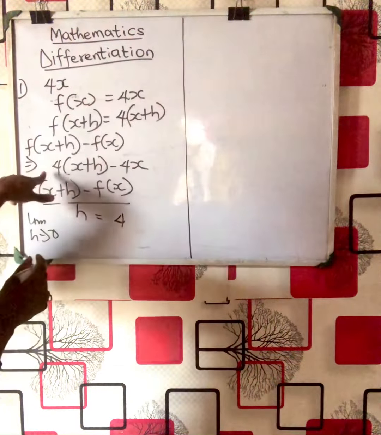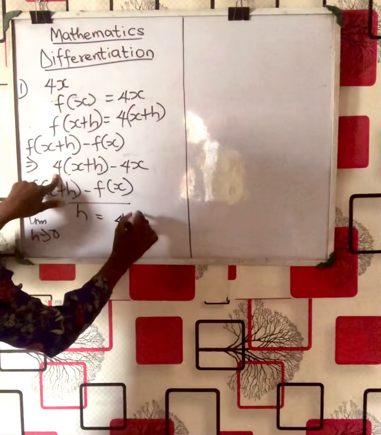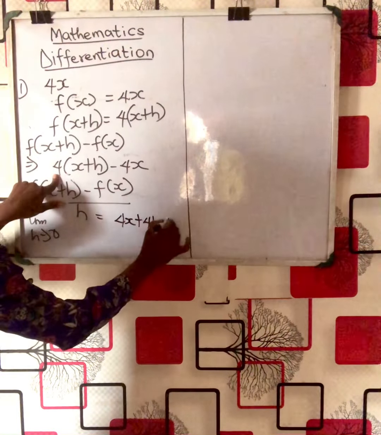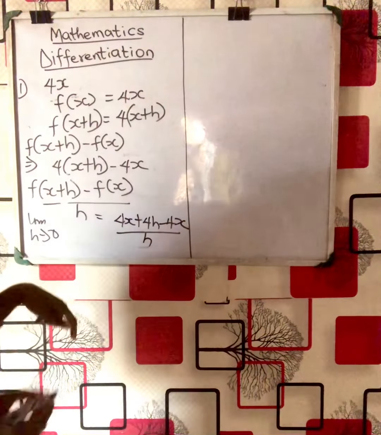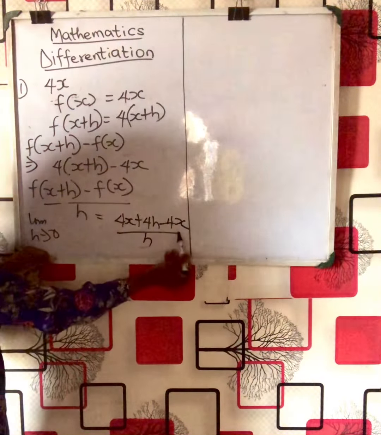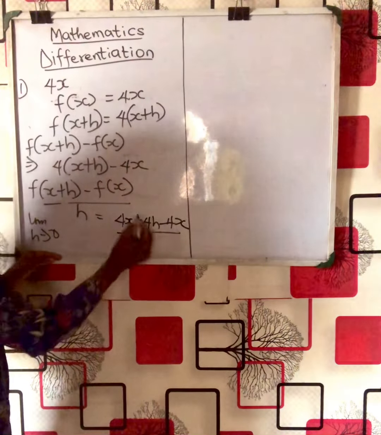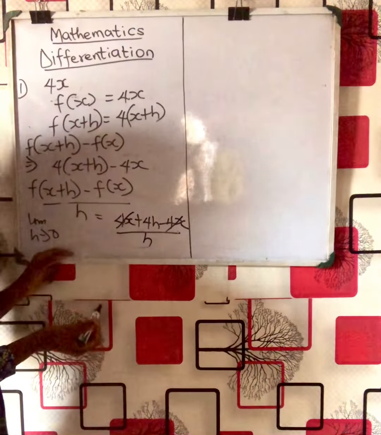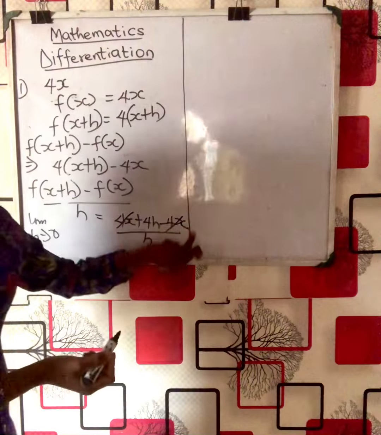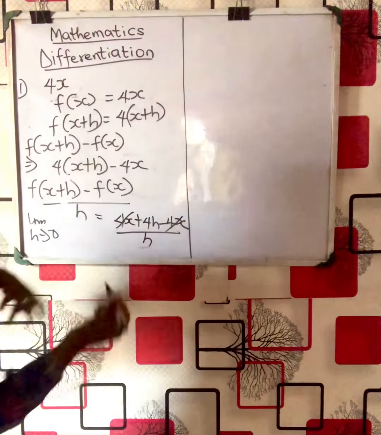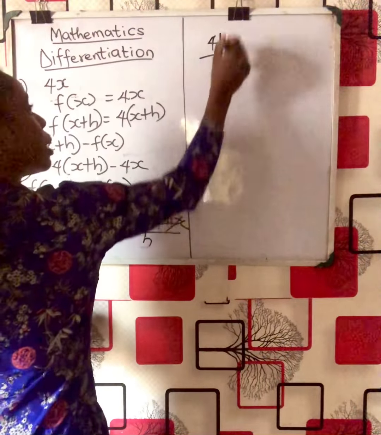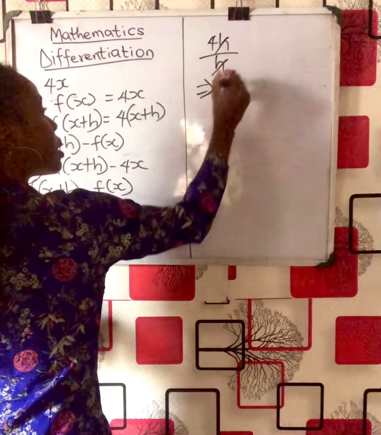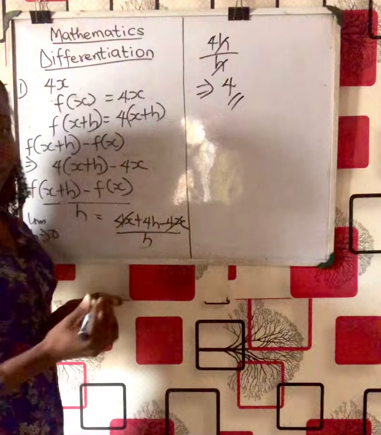When we open this bracket, this will be 4x plus 4h minus 4x all over h. So 4x and 4x, collecting the like terms, these will cancel each other because plus 4x minus 4x is 0. So we now have 4h all over h. Cancelling this, our answer is 4.